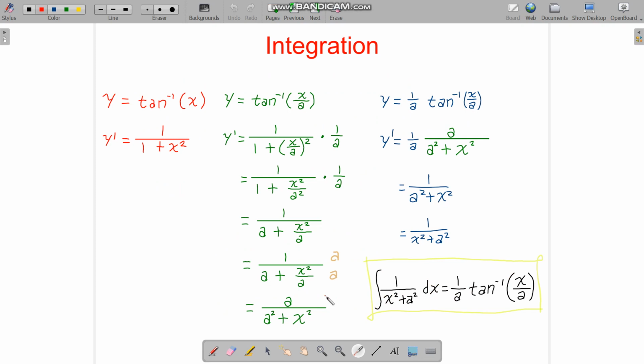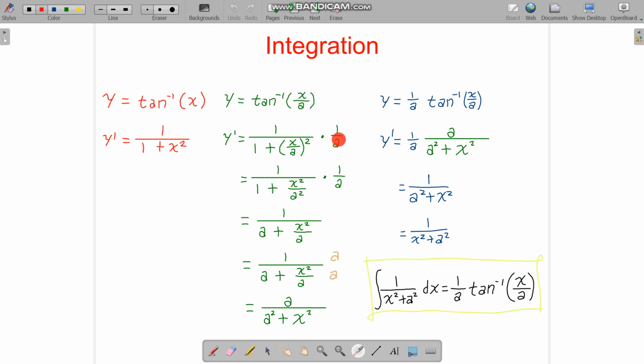And now for the special functions. The derivative of inverse tangent x is 1 over 1 plus x squared. So we know this in differentiation. And if it's x over a instead of x, then of course this is also x over a, and we have to multiply by the derivative of x over a, which is 1 over a.